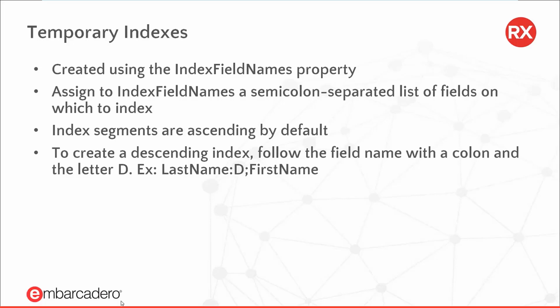If you change the value of the IndexFieldNames property, the existing index, if there was an existing index, would be destroyed and a new index would be built. It turns out that in FireDAC, it actually keeps around these temporary indexes. So they're technically not temporary in the same way that a client dataset index is.